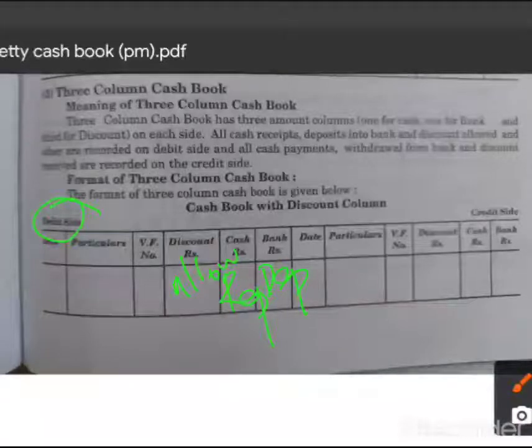All discount received, the cash payments and the withdrawals from the bank will be written in the credit side. So this is how a 3-columnar cash book works.